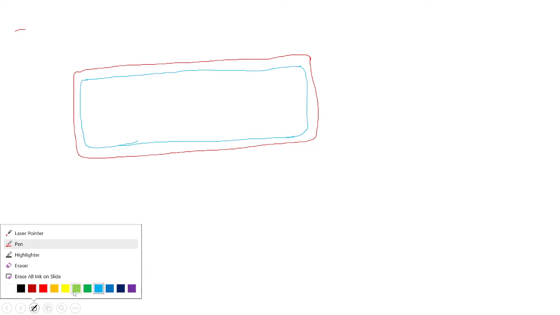Students, draw along with me too, so that you will remember it. Now we will draw the glycocalyx.